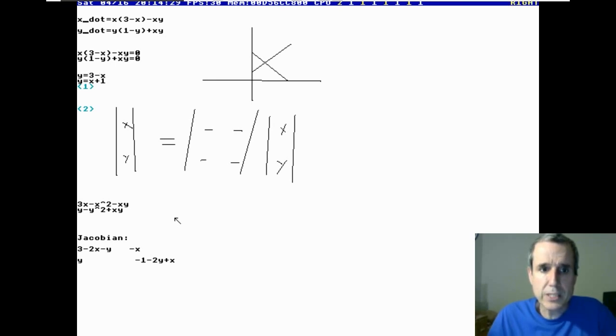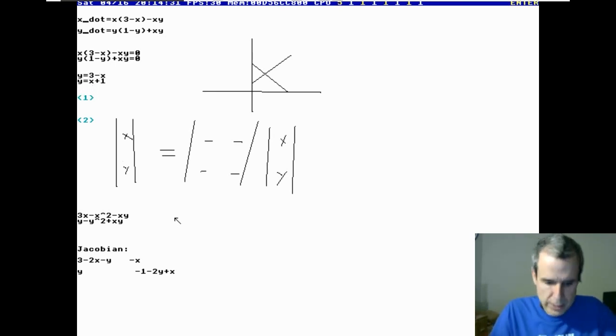So at the point (1, 2), let's see, 2 times 1 is 2, equal to 2.